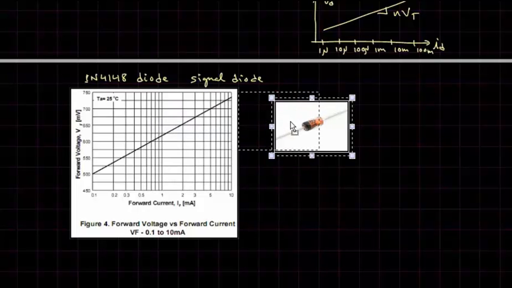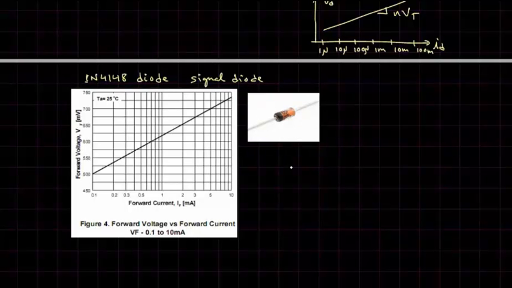Here's what that 1N4148 diode looks like, and it would be oriented like this. The black band on the diode indicates this crossbar here, so it's plus to minus VD, and current is going to flow this way.